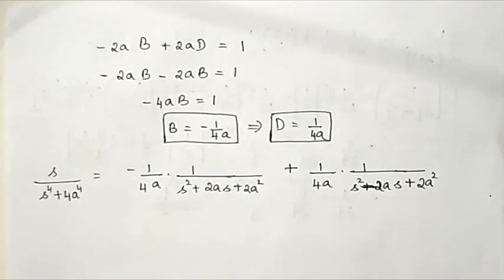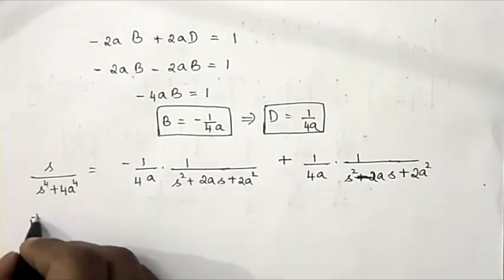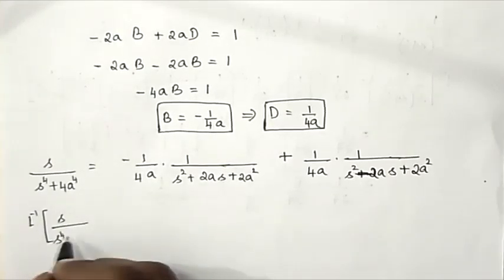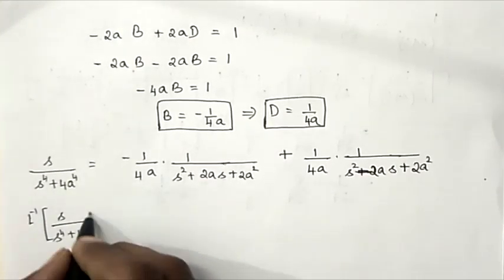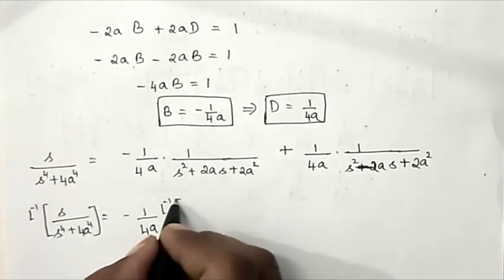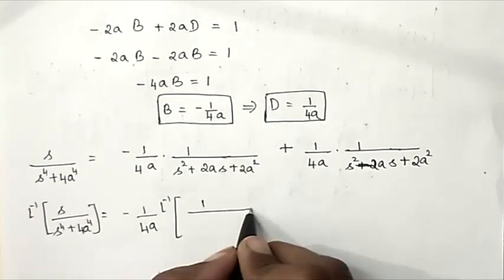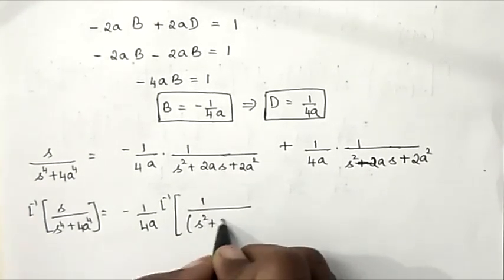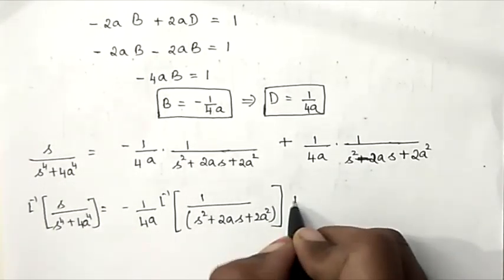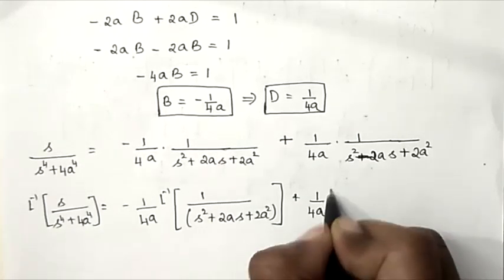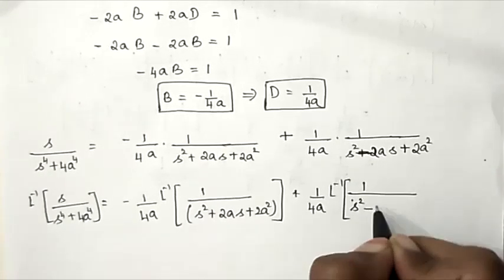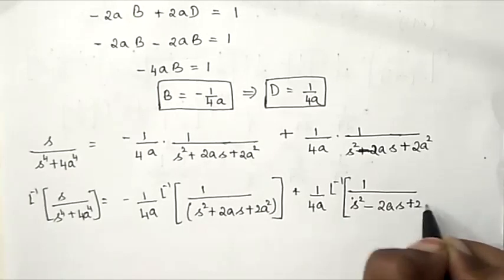Now let me apply inverse Laplace on both sides. So inverse Laplace of s divided by s⁴ plus 4a⁴ is equal to minus 1 by 4a L inverse of 1 divided by s² plus 2as plus 2a², plus 1 by 4a times L inverse of 1 divided by s² minus 2as plus 2a².